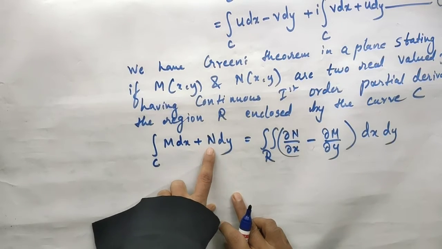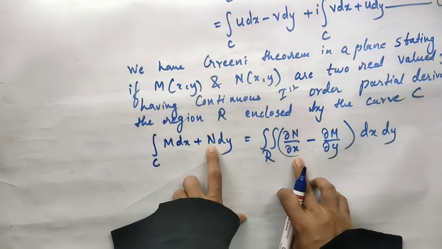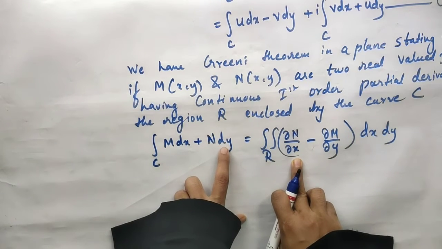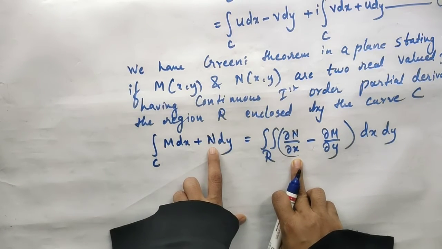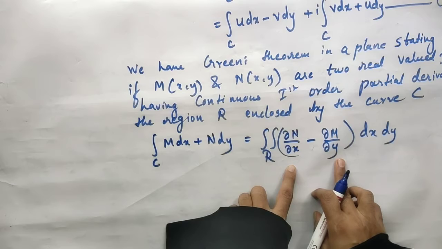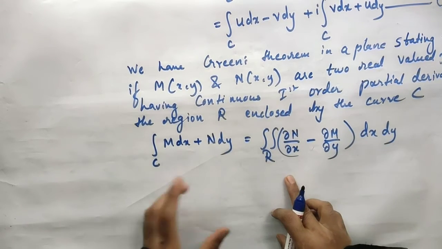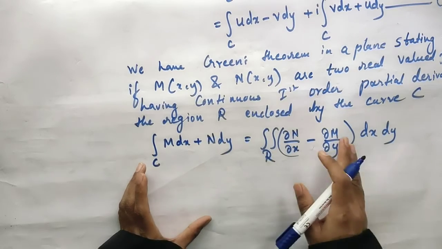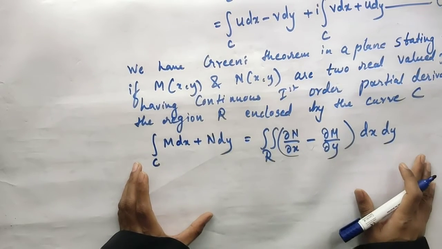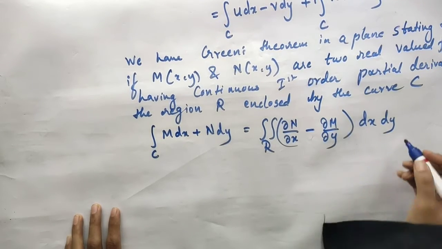It is equal to this: you take N, the coefficient of dy, and differentiate it partially with respect to x; the coefficient of dx, differentiate it partially with respect to y; take the difference between the two, and take the double integral over the region R, dx dy. So it connects the line integral to a double integral over the region R. This is what Green's theorem says.